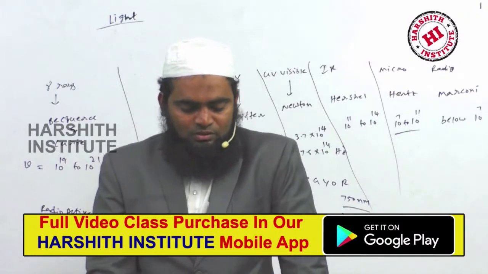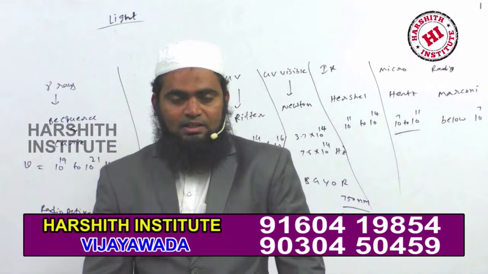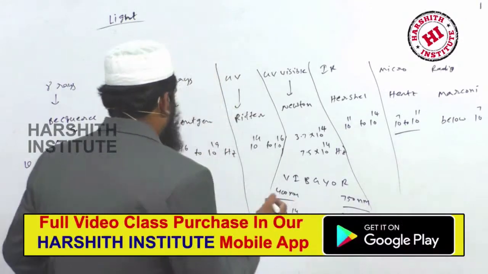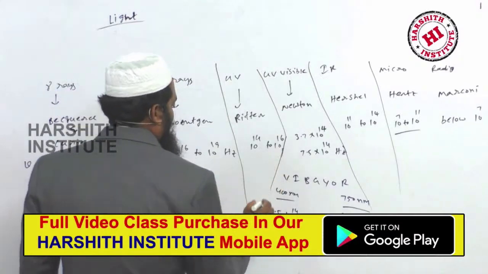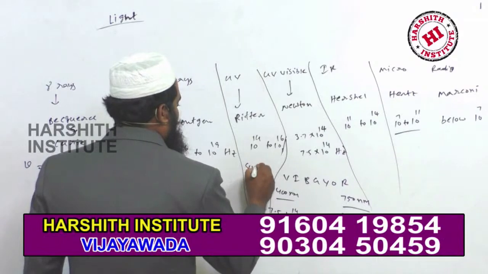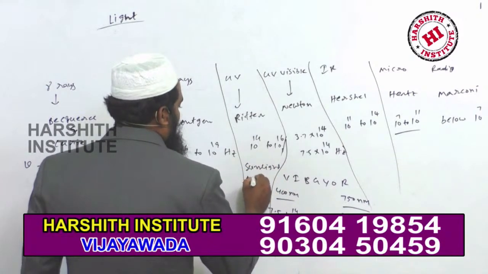Now, the UV rays come from sunlight, an arc lamp, or a spark. This UV ray comes from sunlight or an arc lamp.